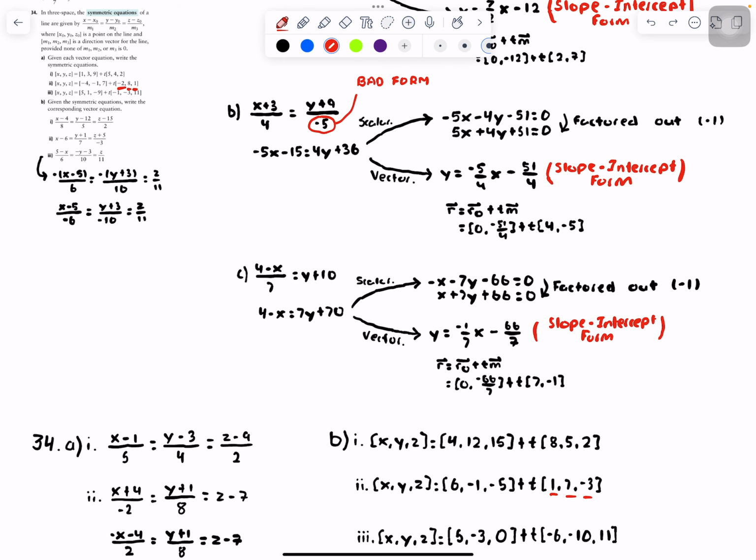34b, Roman numeral 3, this question was a bit tricky because usually it's in the form x minus some number or y minus some number, right? So what I first had to do was change it into that form, which I showed you here with this arrow.